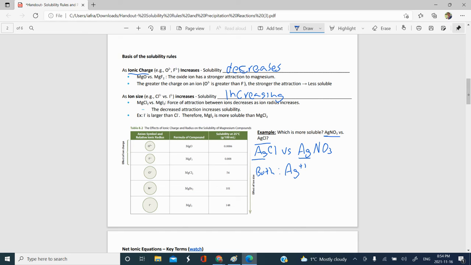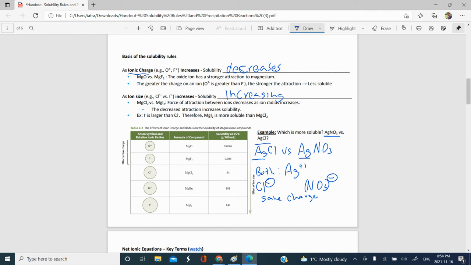AgCl has Cl minus, and AgNO3 has NO3 minus. Notice that they both have the same charge, so we know that charge is not one of the factors.